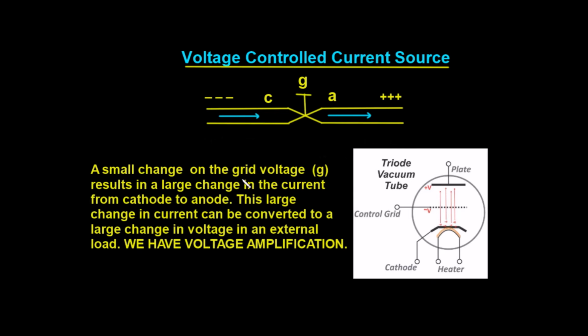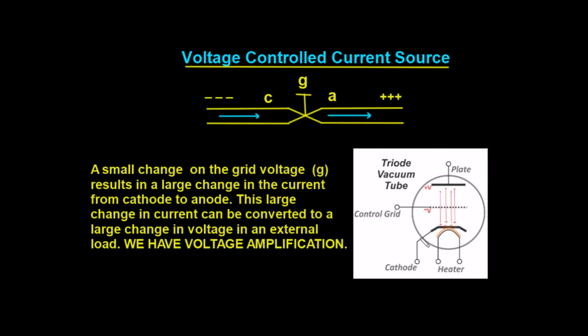So a small change in the grid voltage G results in a large change in the current from the cathode to the anode. This large change in current can then be converted to a large change in voltage by the application of an external load. So what we have here is voltage amplification.